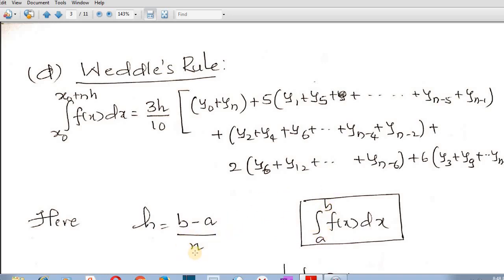Then we get the value of h. By using these four formulas, we can integrate the given integral with respect to the given limits.